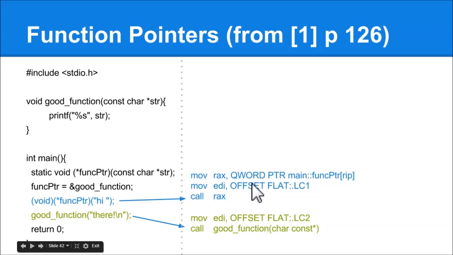Now, when it's declaring the function pointer, however, you see at the very end, the difference here is it calls RAX. RAX is the 64-bit version of EAX. You'll find that 32-bit versions all start with EAX, EBX, ECX, EDX. When they moved to the 64-bit architecture, they started appending everything with R instead of E. I don't know why. I don't really care why. So RAX is the 64-bit version of EAX.